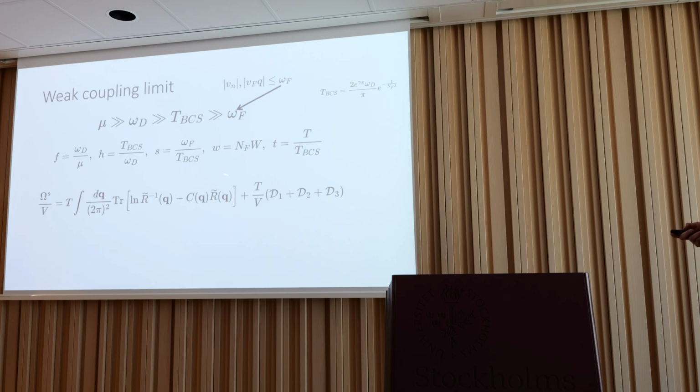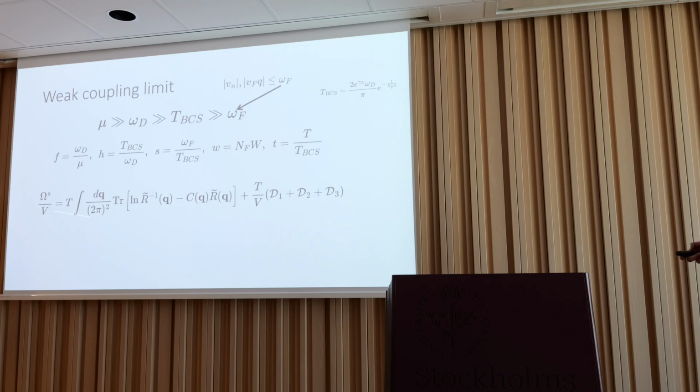This is the static approximation. Since I assume that this omega_n is quite small, v_n is small. So basically, I take into account only the n equal to 0 part. So it's the static approximation for this. And of course the Q, so the momenta for Cooper pairs, there is some cutoff, which is basically given by this omega f, right?